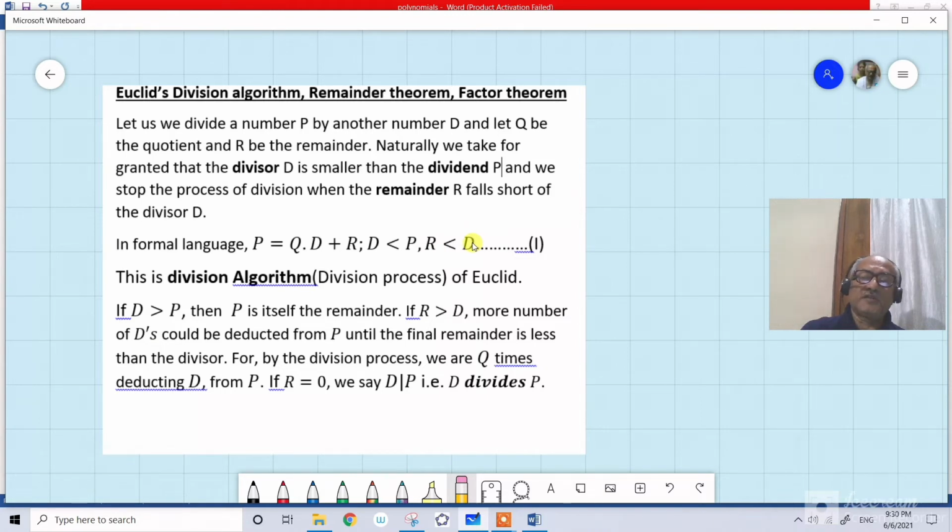And the same concept can be extended to polynomials. This is the division algorithm for polynomials, but in this case, we don't insist upon the values, but we insist upon the degrees.